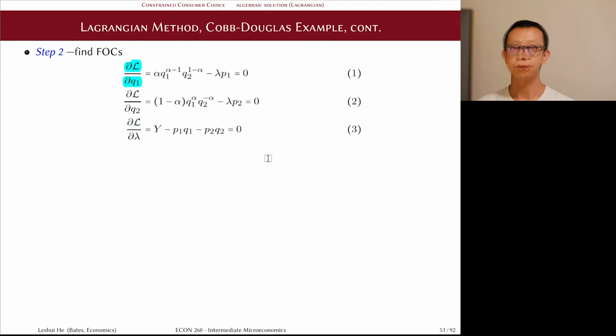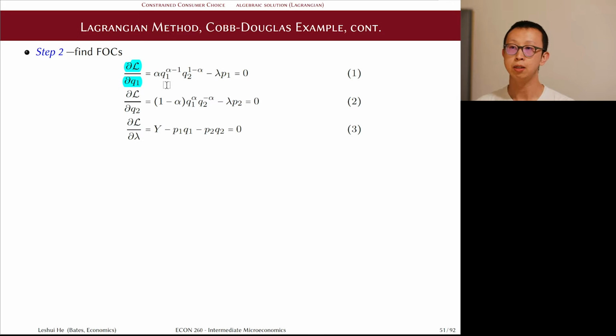Now, with these three first order conditions in place, notice how each one of them is an equation of Q1, Q2, and lambda, Q1, Q2, and lambda, Q1, Q2, no lambda here. But we have three equations and three unknowns, and combined with a bunch of parameters that are given to us.